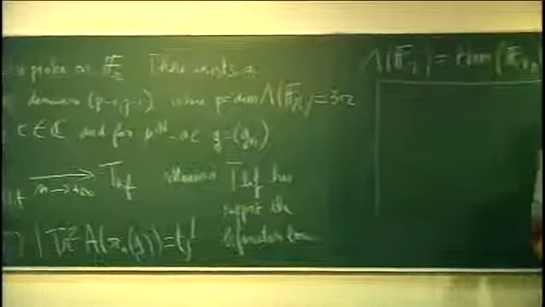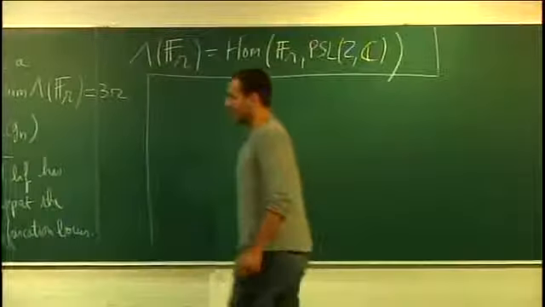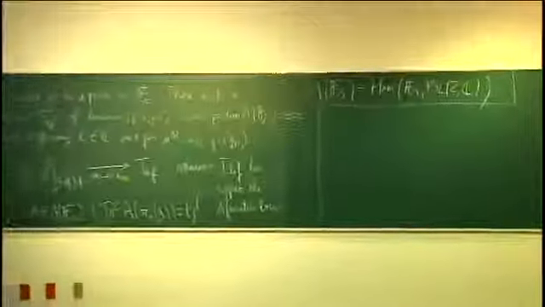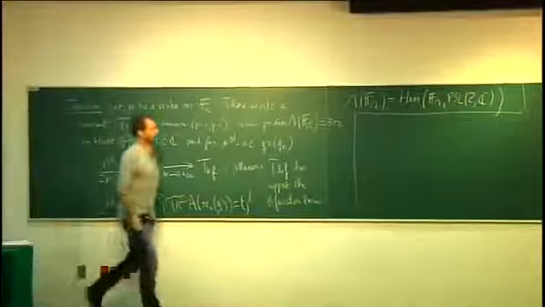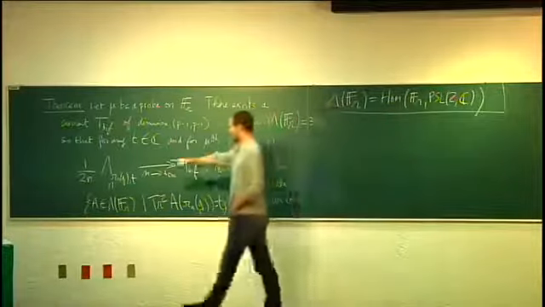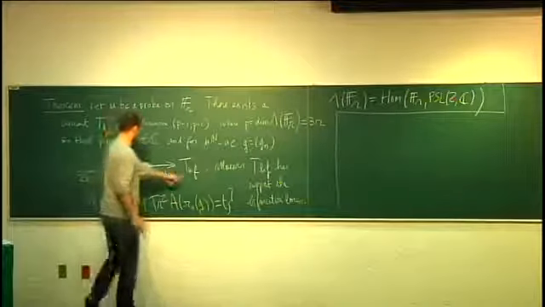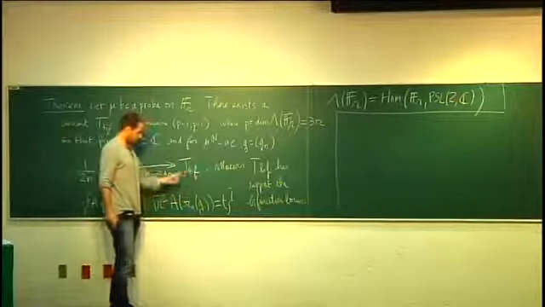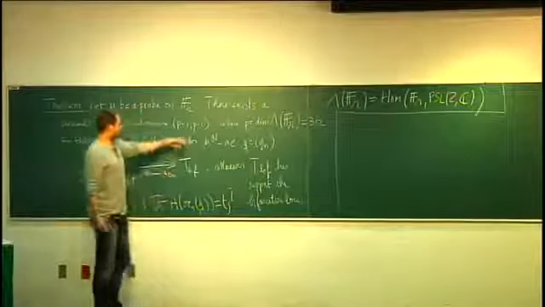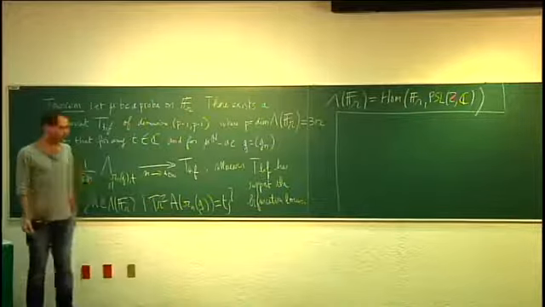So the idea to prove the statement about currents is, so I recall, what does it mean? A current is an operator which assigns to a p minus 1 form a number.